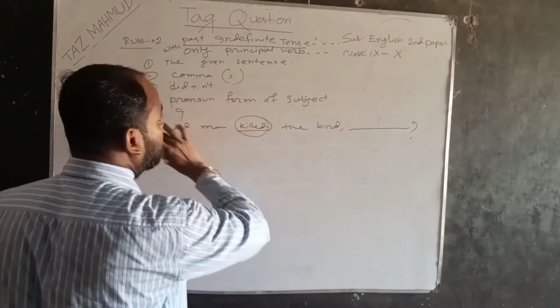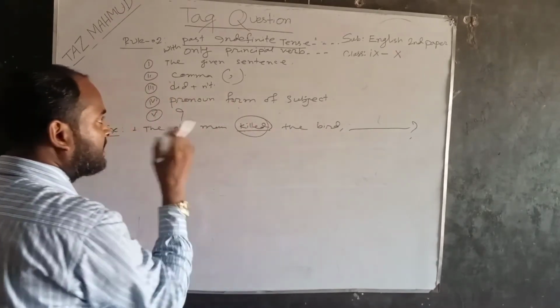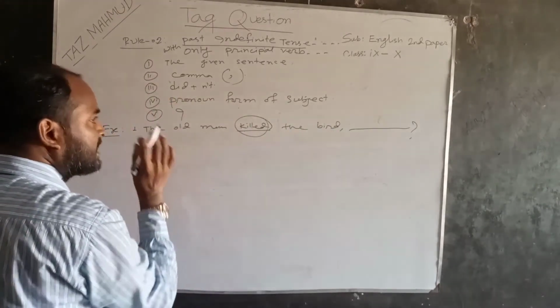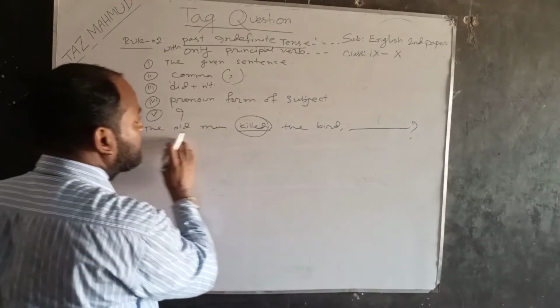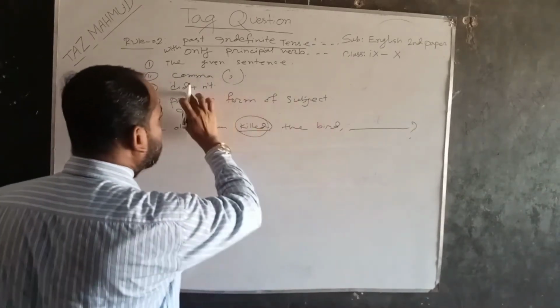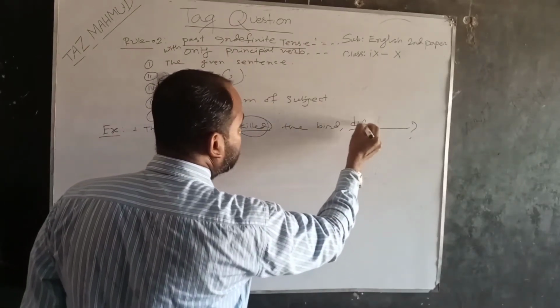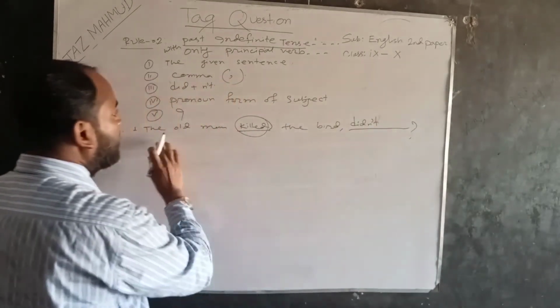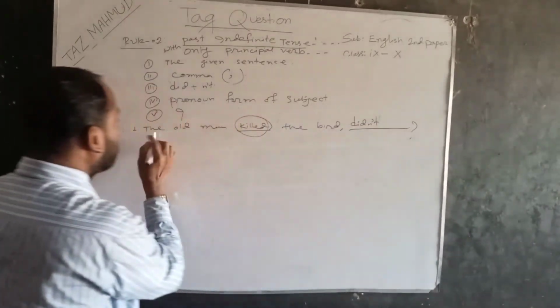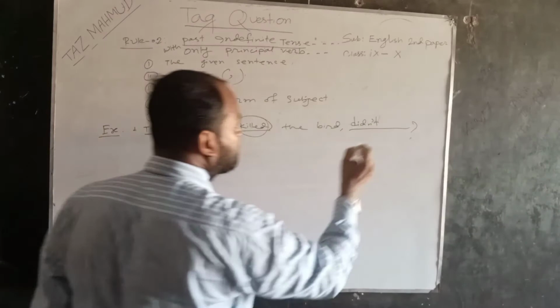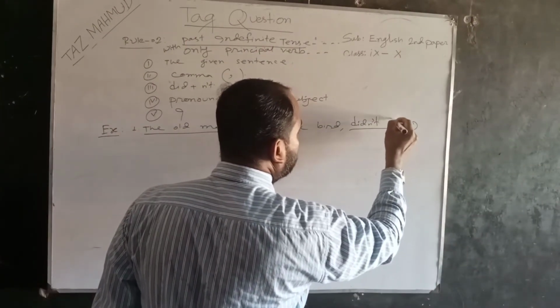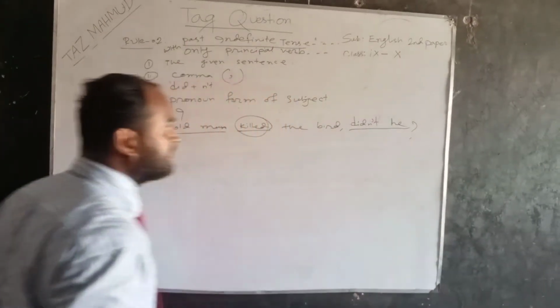Then in our exercise book in the examination hall, we have to write the given sentence, then comma, and then didn't. Then we have to write the pronoun form of the subject, old man, third person singular form. We have to write the pronoun form he.